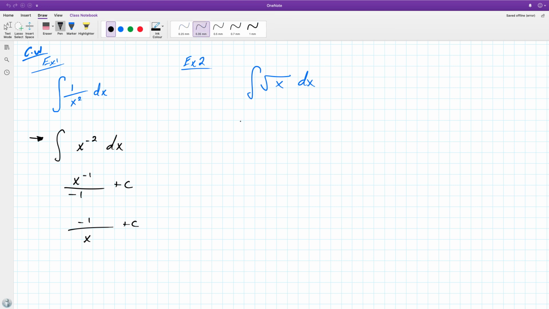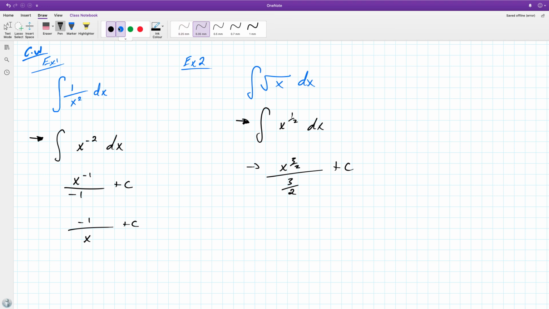So that is the integration of x to the power of a half dx. So integrate x to the power of a half, we get x to the power of 3 over 2 over 3 over 2 plus c, and that can be left like that then.